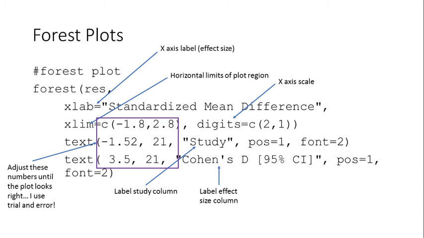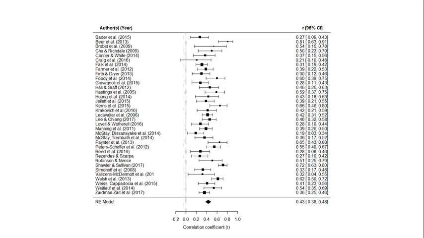You can tell it to give your x-axis a label, so that will be something like the effect size, the scale that it's on. Actually, just to show you a forest plot for anyone who doesn't know. So you've got your studies down the side, you've got basically each of these blocks, so the size of the blocks represents basically it's like sample size, but it's the weight that study had in the meta-analysis.